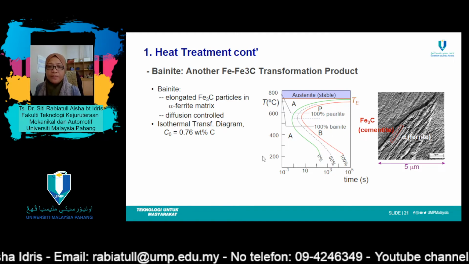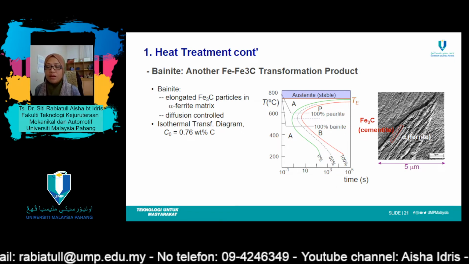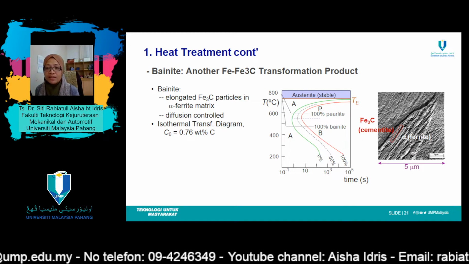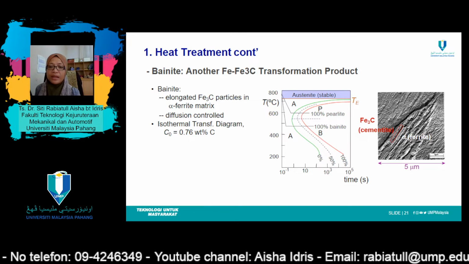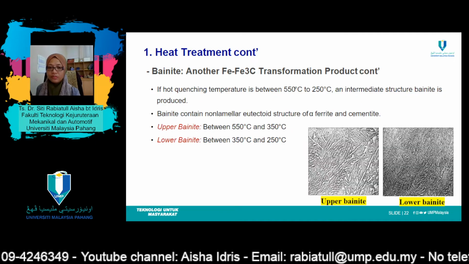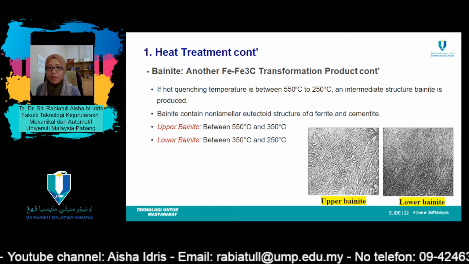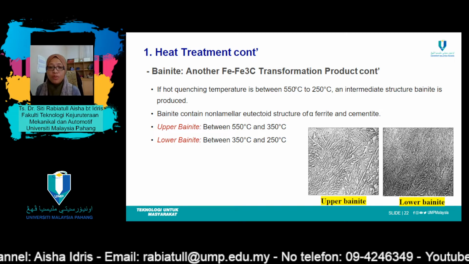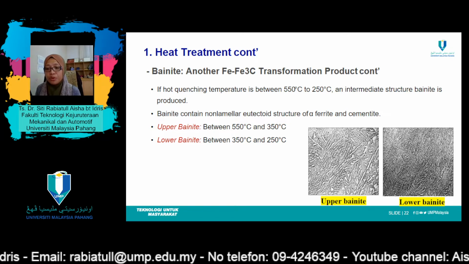And again, this transformation only occurs for carbon equals 0.76%. And the formation of bainite is known as diffusion controlled. These are the types of bainite that might occur, which are upper bainite and lower bainite, as mentioned to you earlier.